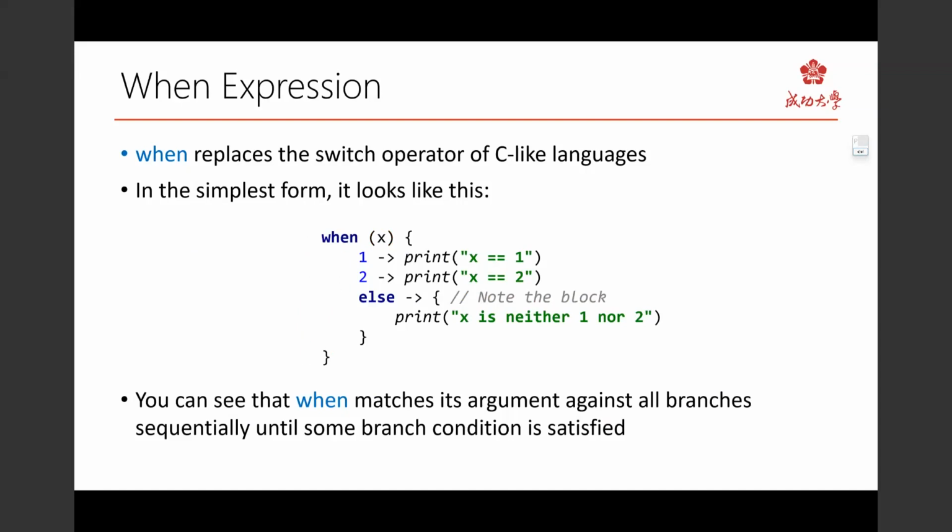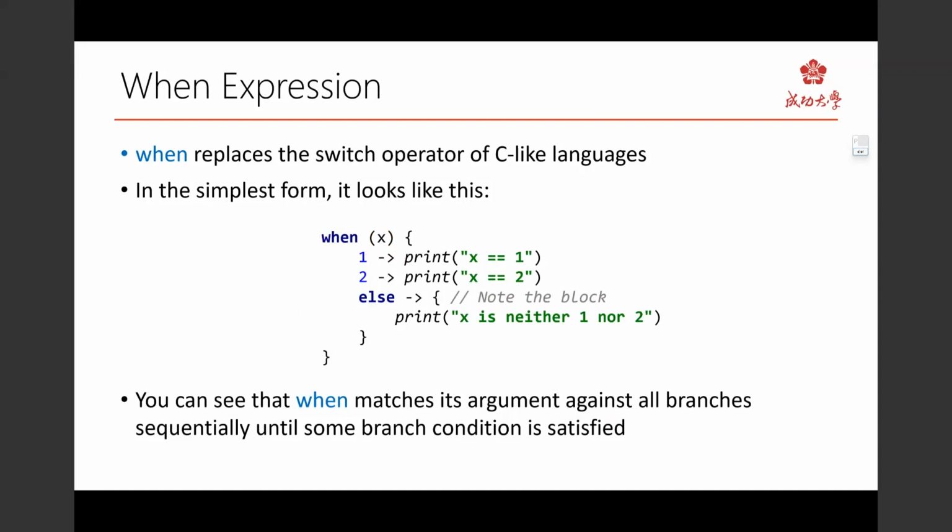It's similar to switch case in C++ and Java, except that in each branch case, we use arrows instead of colons to separate a branch condition from the code.